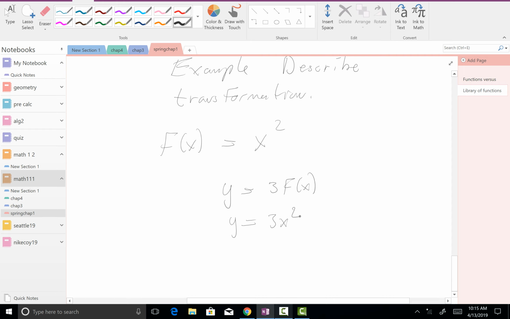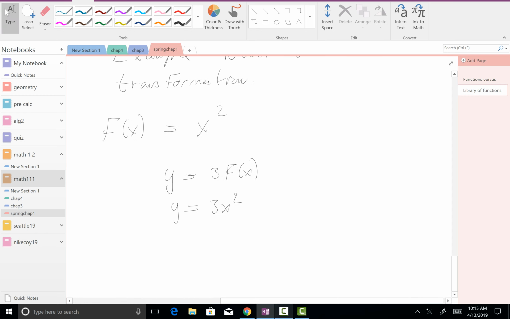Well, you have to distinguish and say, is this my A, my B, my C, or my D? What do you think? A. It's my A. It's in front of the x squared. That's what A is. A is in front of it. So what does A do in this case?